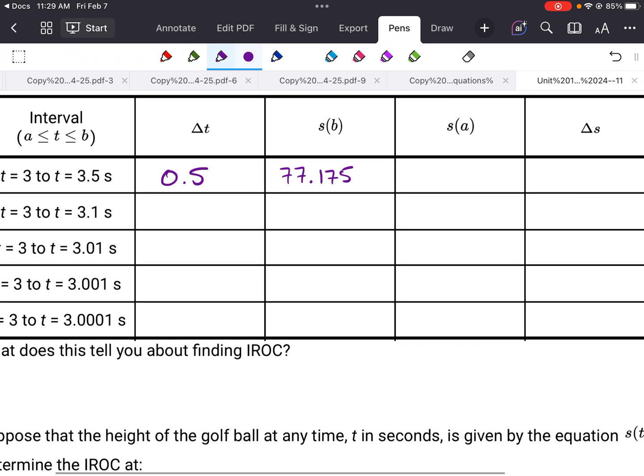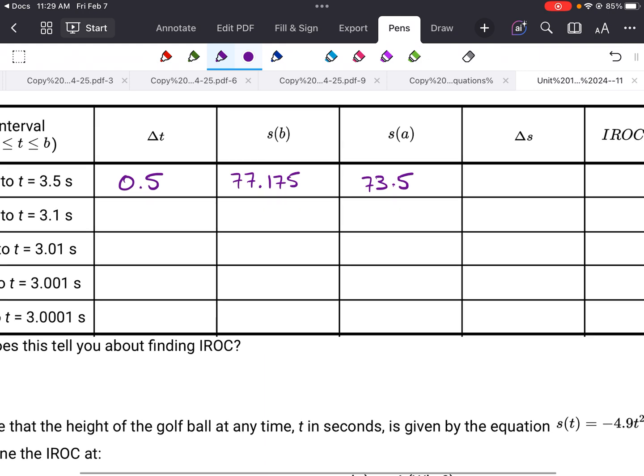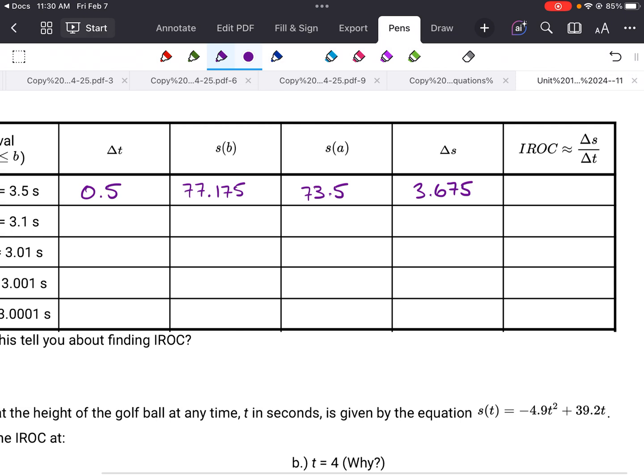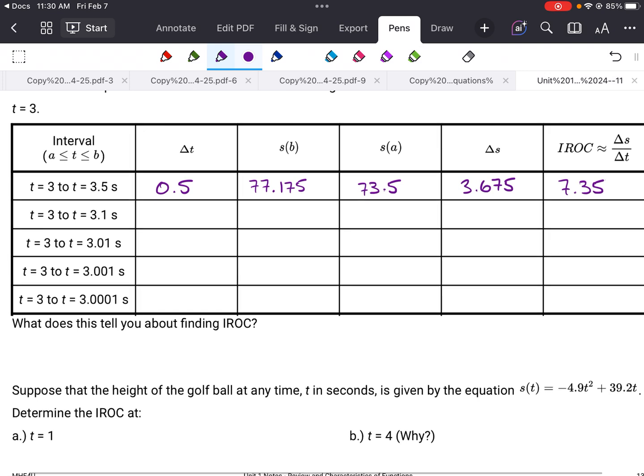When you plug 3 in, we get 73.5. The difference is 3.675. And 3.675 divided by 0.5, where s represents the y's and t represents the x's, gives 7.35. So the IROC would be 7.35 if we did AROC with a difference of 0.5 seconds.